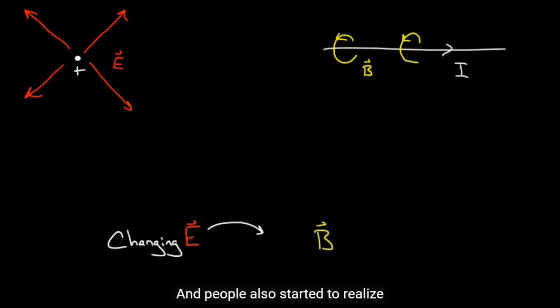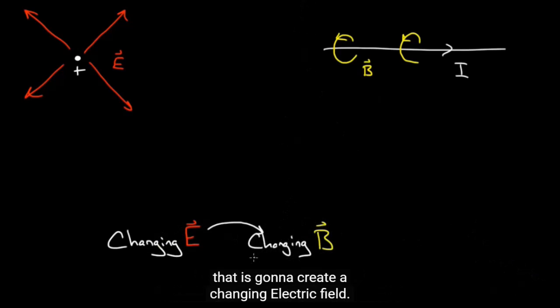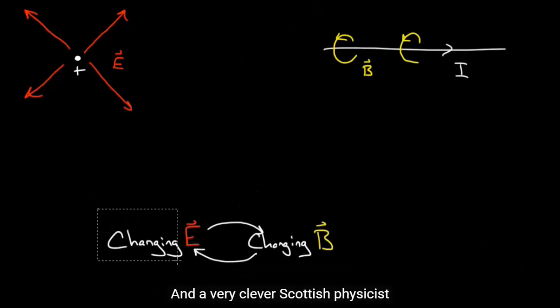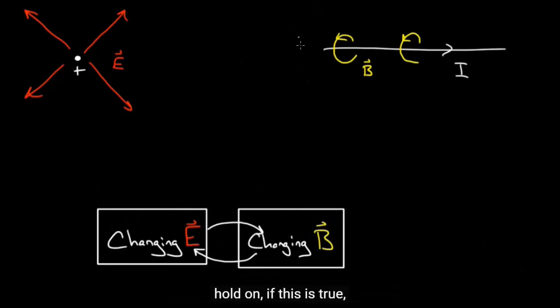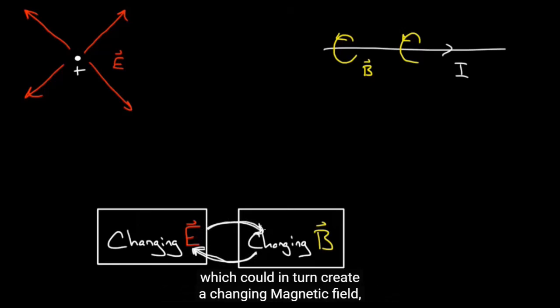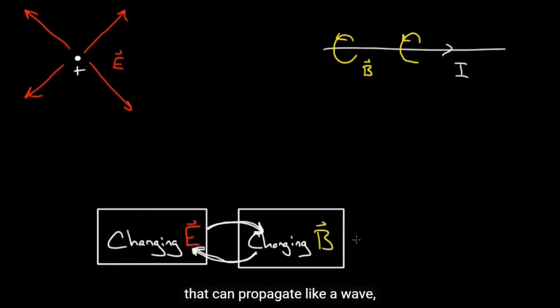And people also started to realize if you've got a changing magnetic field, that is going to create a changing electric field. And a very clever Scottish physicist named James Clerk Maxwell realized, hold on, if a changing electric field can create a changing magnetic field, then a changing magnetic field could in turn create a changing electric field, which could in turn create a changing magnetic field, and you can set up some sort of chain reaction here that can propagate like a wave.